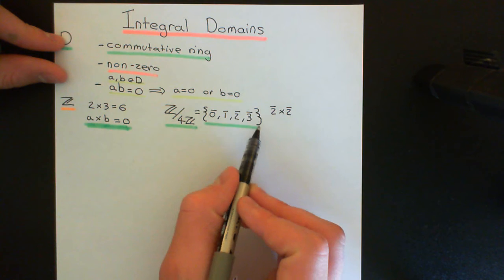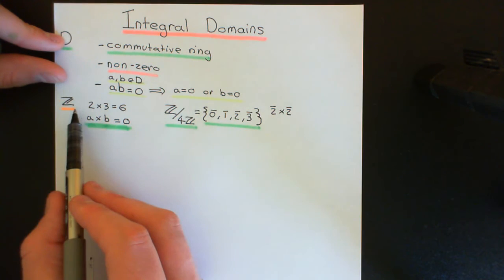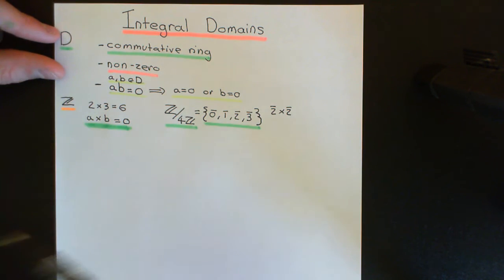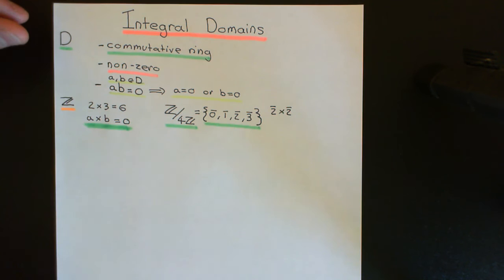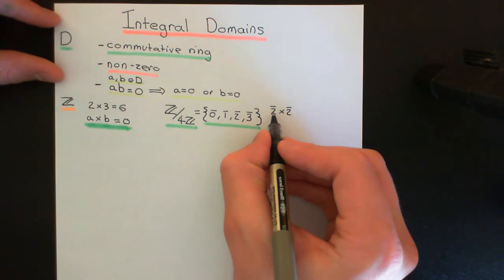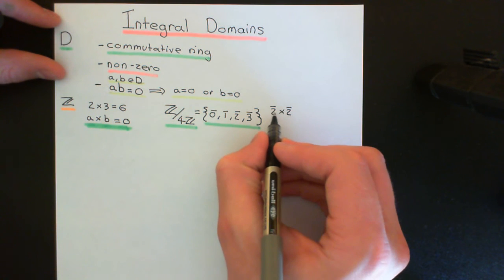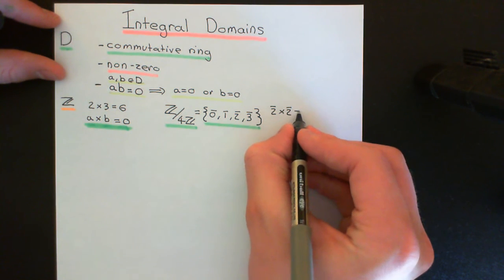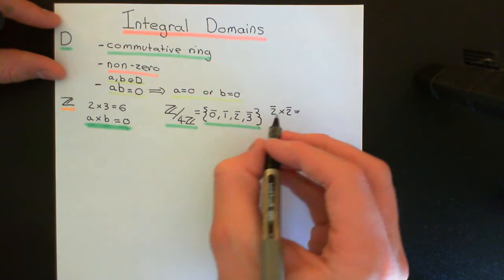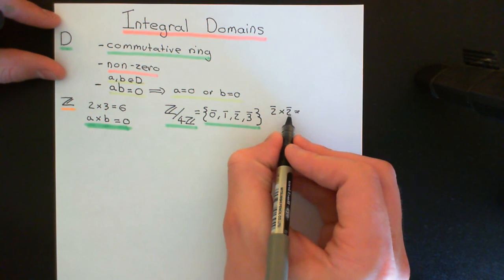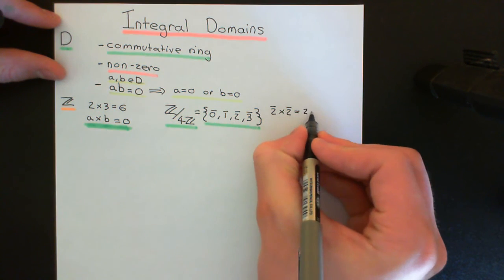Okay, all the modular arithmetics are commutative because of the commutativity of the multiplication on the integers from which they're derived. Okay, if we consider, however, what 2 times 2 is equal to, the way that we'll do this in Z mod 4Z is we'll take a representative from this coset, a representative from this coset. We might as well take 2 both times.